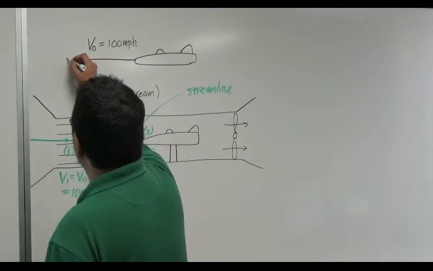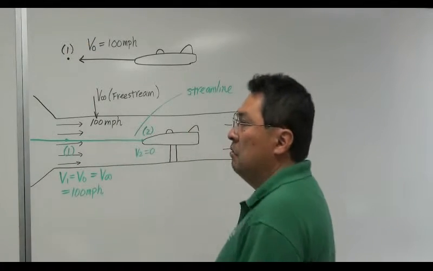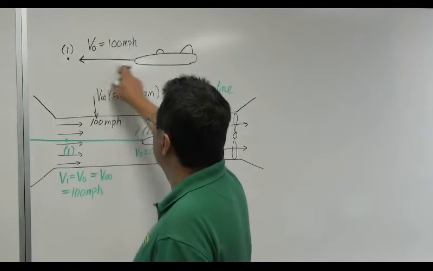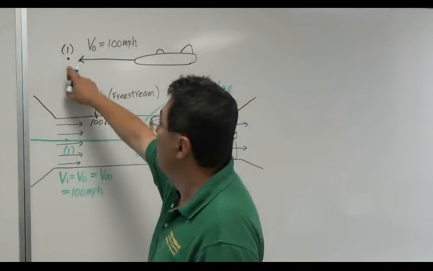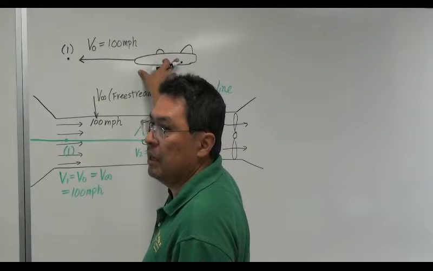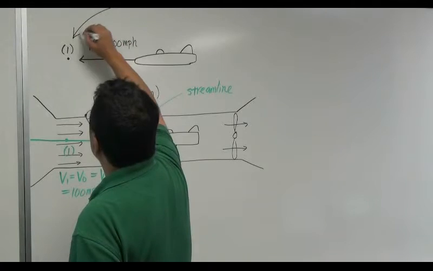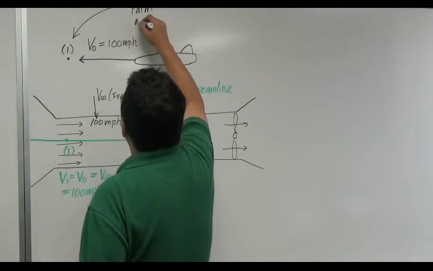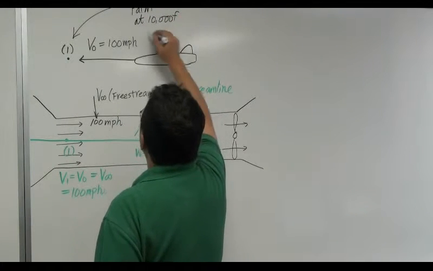So let's say, okay, what is the pressure at point 1 far ahead of this airplane? Obviously, this is atmospheric pressure because it hasn't been disturbed yet by the presence of the airplane. Okay, so this is purely P_atm at 10,000 feet standard atmosphere.